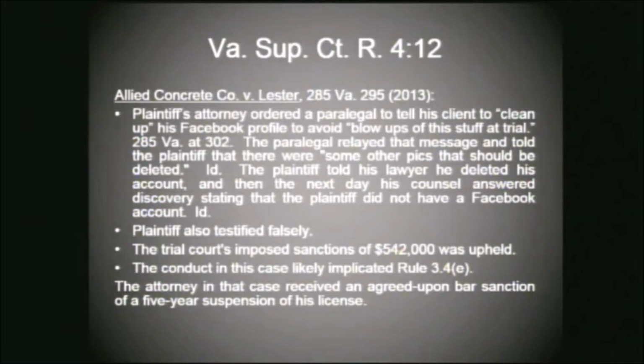The court imposed sanctions of $542,000. Let that sink in for a minute. $542,000 was imposed just in sanctions. Now, they let the plaintiff keep the verdict, but most of that fee was also paid by the attorney. And then he got disbarred for 5 years. So this is the published version. This has probably 4 or 5 different sub-opinions if you actually look at it in Lexis.